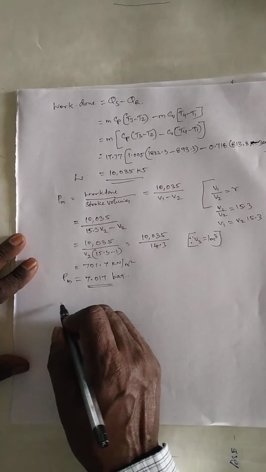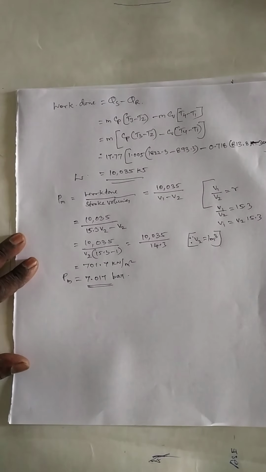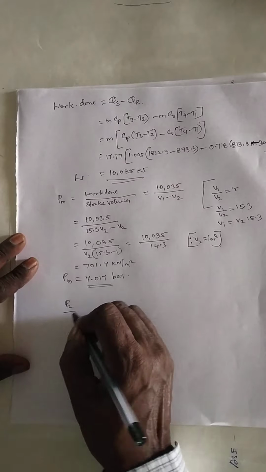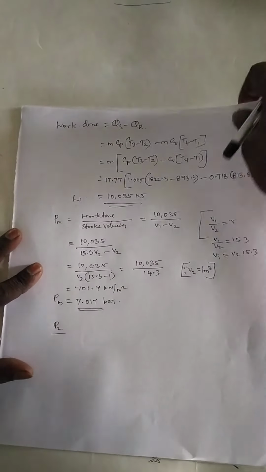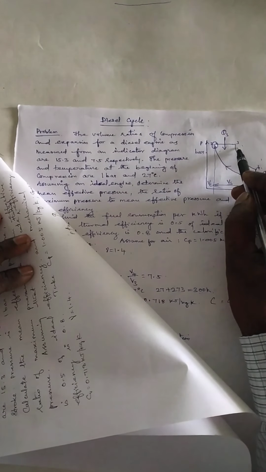Now we are going to find out the pressure ratio, which is asked in the problem. Pressure ratio is the maximum pressure to mean effective pressure, that is P2 by mean effective pressure. P2 is the maximum pressure in the cycle, you can see this, and P2 is equal to P3.